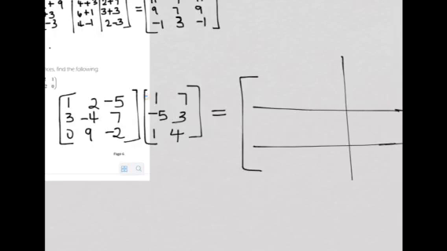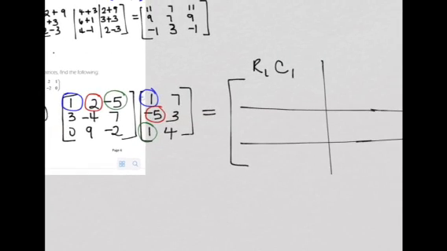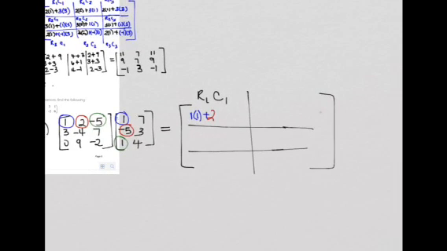So hopefully it's making sense that this row, row 1, is getting fed through column 1. So row 1 to column 1 will be lined up like that. So it's 1 times 1 plus 2 times negative 5.